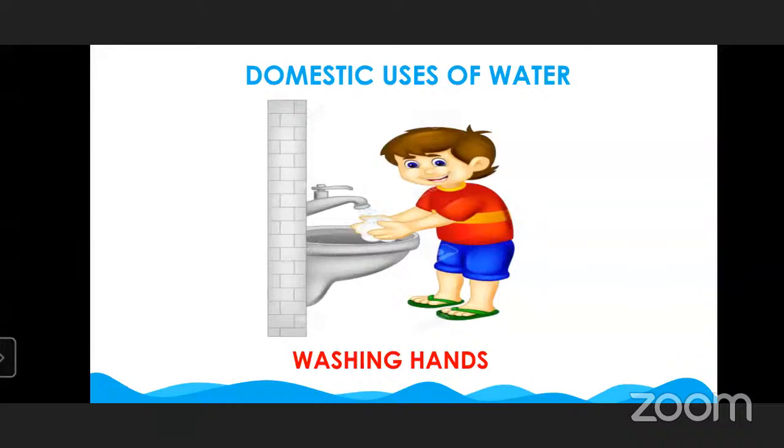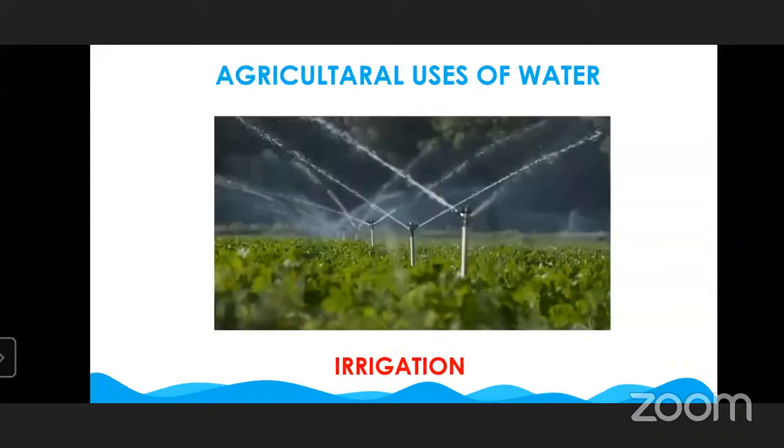Now, our next important use of water is irrigation. New topic is irrigation. Agricultural uses of water. See, irrigation, agriculture means farming. As we know, India is an agricultural country. Farming is the main occupation of our country.